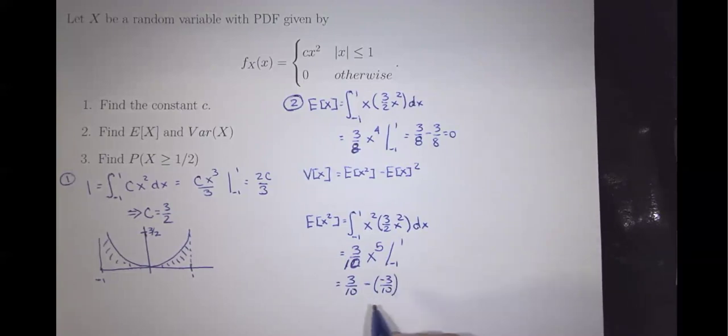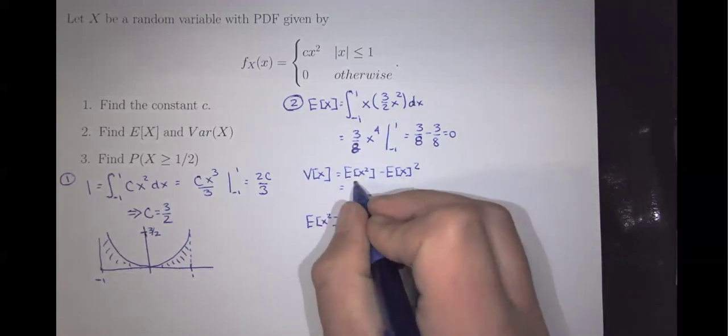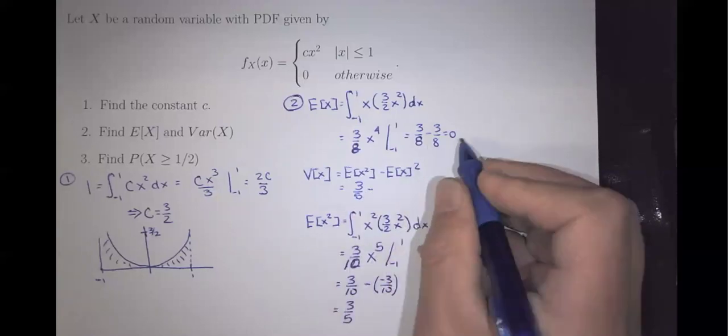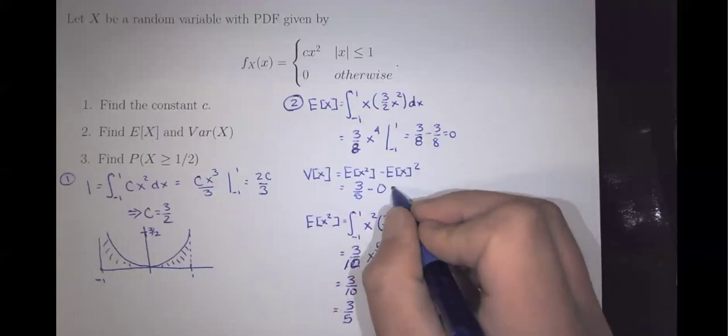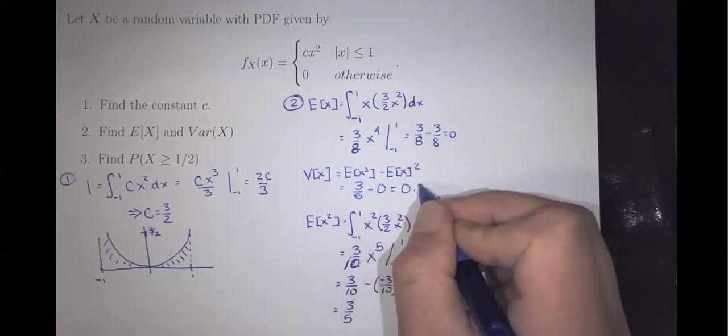So that's 6 over 10, or 3 over 5. Okay, so the expected value of x squared is 3 over 5. The expected value of x is 0, so 0 squared is 0, which means the variance is 3/5 or 0.6.